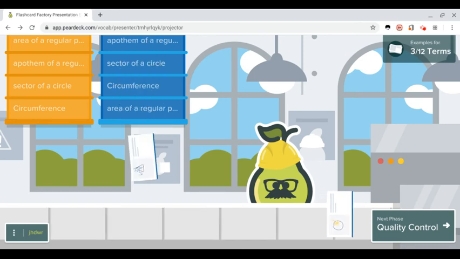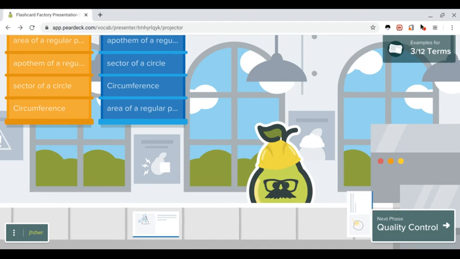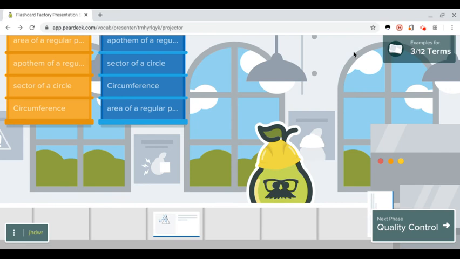So I'm going to continue and work on a couple more, and then that way you'll be able to see. So far I've uploaded 3 out of the 12 terms, and now it wants to see the area of a regular polygon.